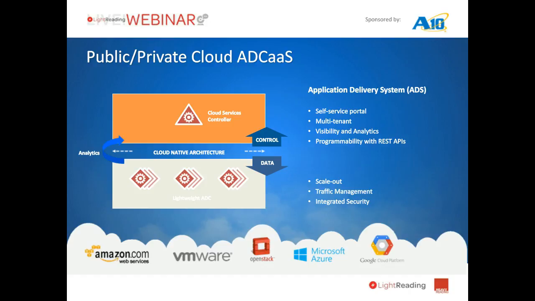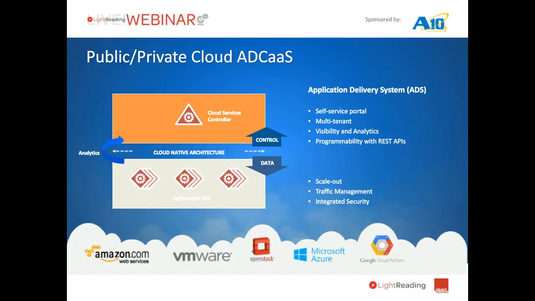So the model of an ADC as a service can allow organizations to provision services faster, automate functionality, and distribute traffic across different environments. And the return on investment can be recognized faster by business because they are only paying for what they use, which is accomplished by flexible licensing options.